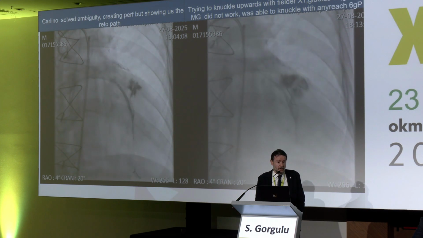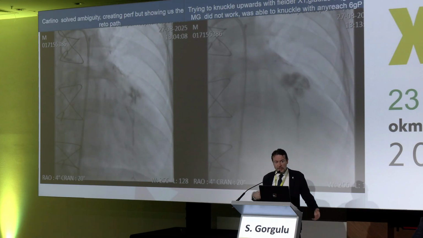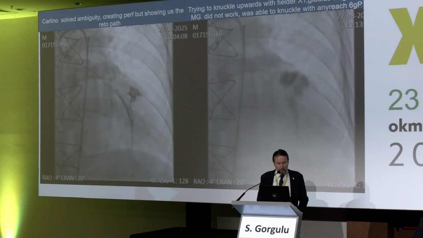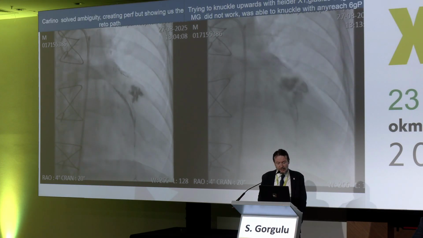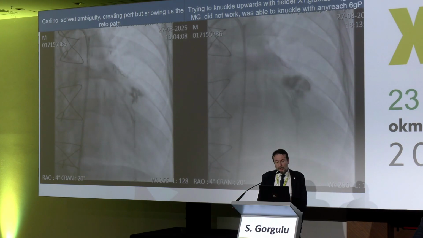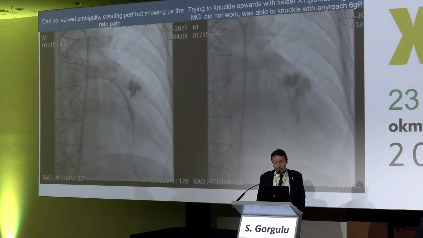That was what I was expecting. I have told everything to the physician, this can happen, and step by step, we every time experience this kind of thing here. But now I have at least a target to go, and trying to knuckle upwards, I have an ambiguous course. I don't know where to go, so I have to knuckle.